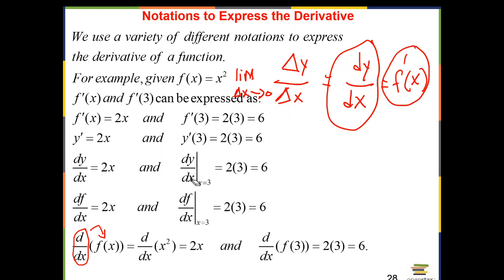So we put dy dx with a little vertical segment, and we put x equal to 3 here. That means substitute 3 in here to get the answer. Again, for df dx, we do the same thing. For d over dx of f of x, we could do the same thing. You just put f of whatever that number is. All right, so you have to be familiar with all of these different notations.